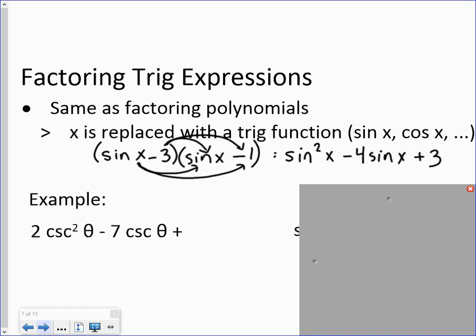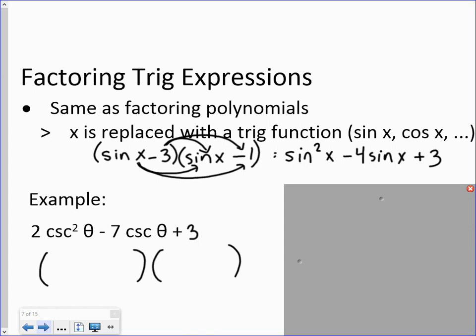So here's an example that we can factor. 2 cosecant squared theta minus 7 cosecant theta plus 3. So I see a cosecant squared and a cosecant. I see that there are 3 terms, so I'm thinking about a trinomial. And I want to factor that.